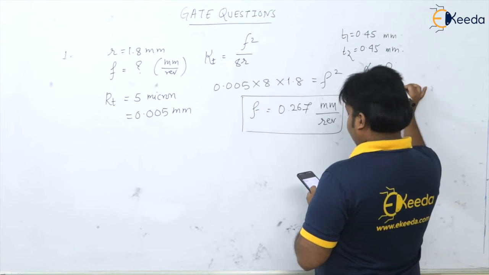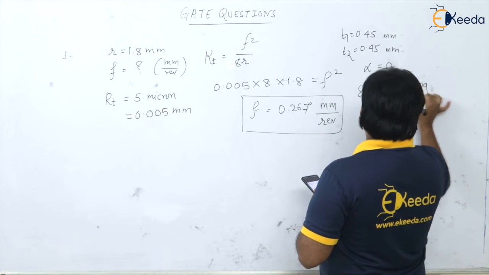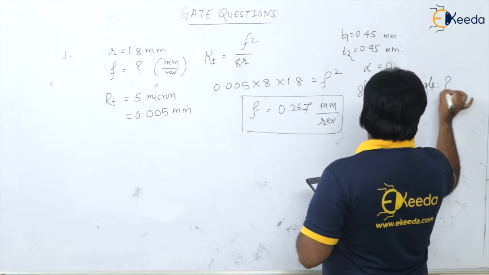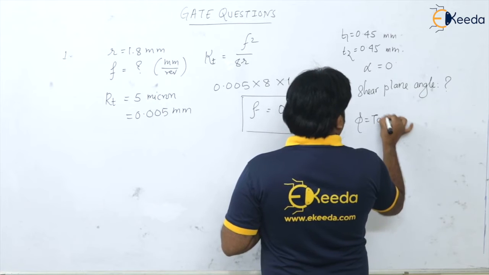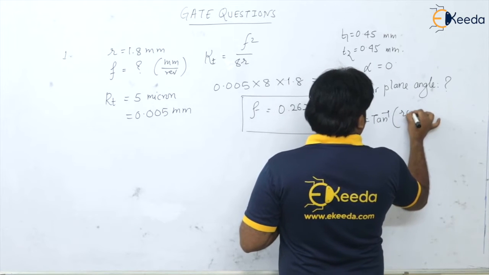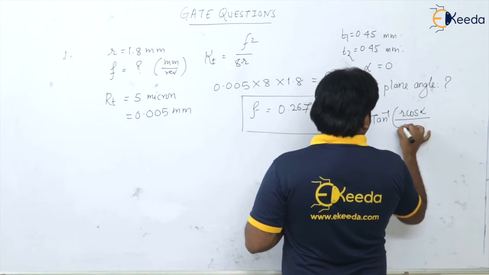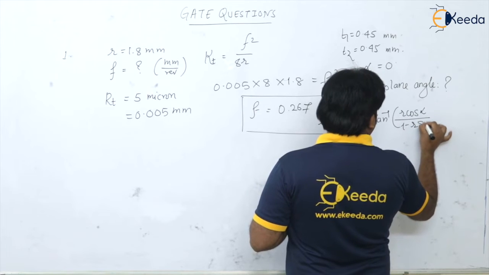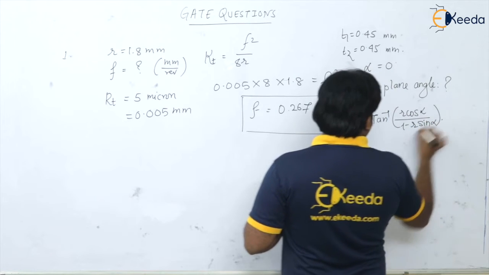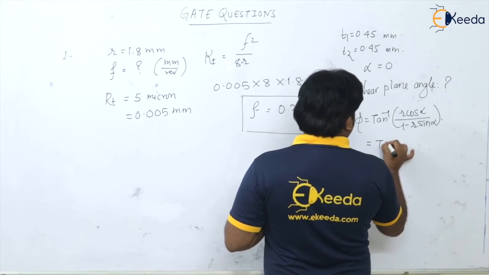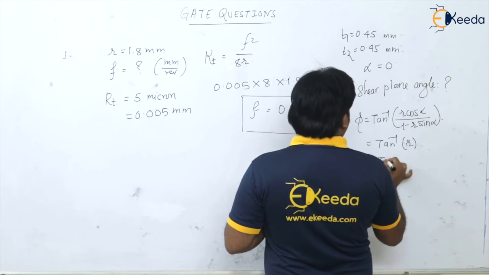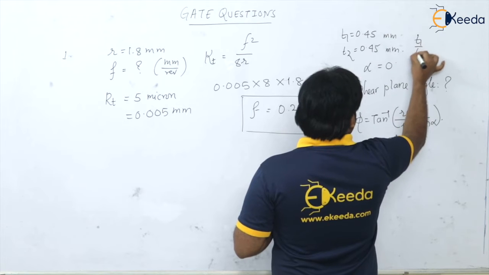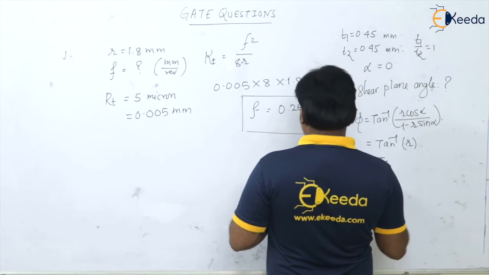Shear plane angle. So what is shear plane angle? Phi is equal to tan inverse of r cos alpha divided by 1 minus r sin alpha. If rake angle is 0, then phi is equal to tan inverse of r. And r is the ratio of t1 by t2, which is 1.